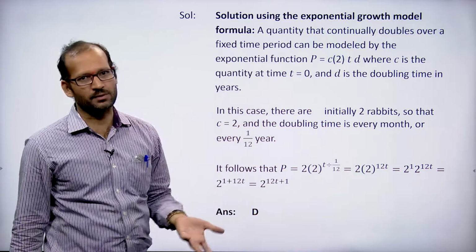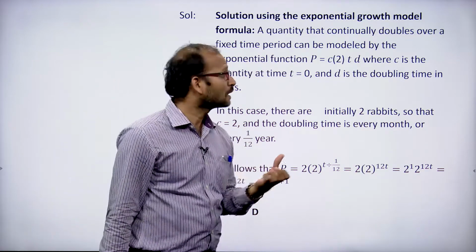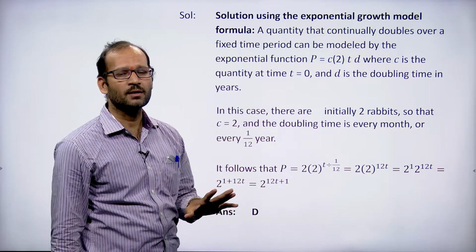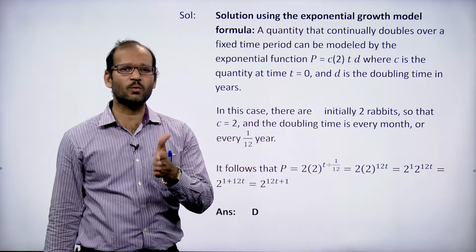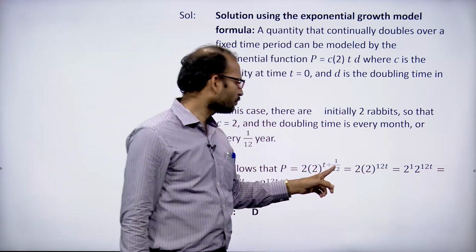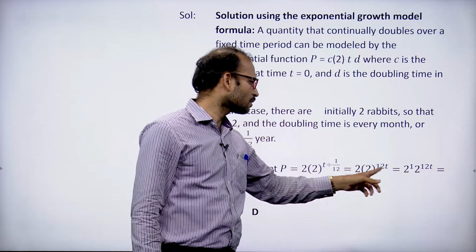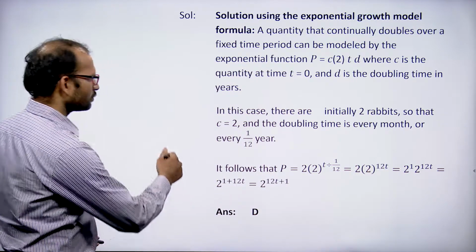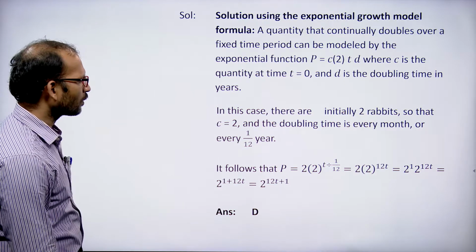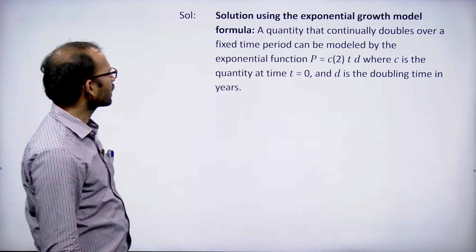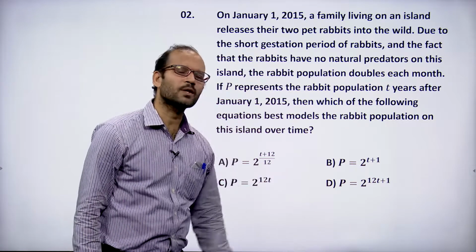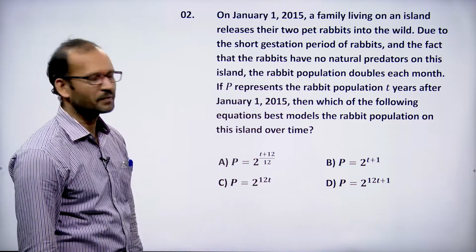T is the number of years, D is the doubling time, and every 1 month is 1 by 12th of a year, so we are converting into years. So finally the function is P equal to 2 power 12T plus 1. Which option is correct? Option D, 2 power 12T plus 1, is the correct option. Understood?